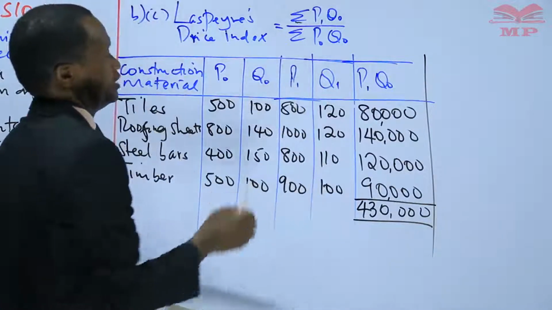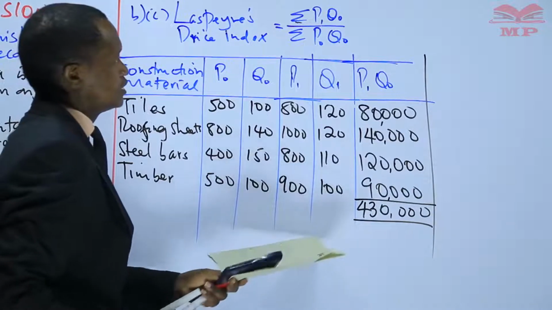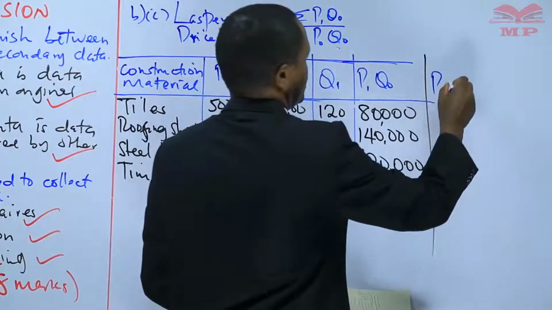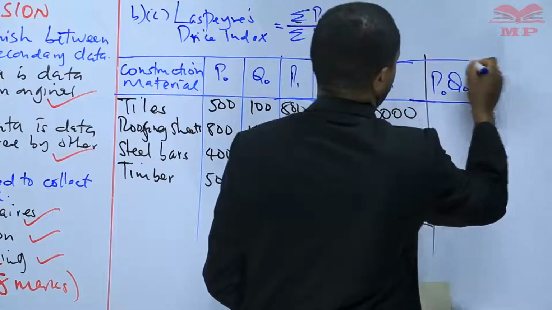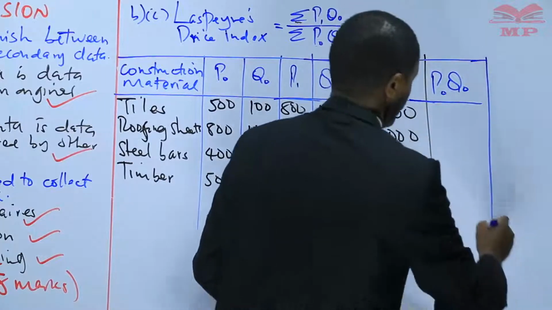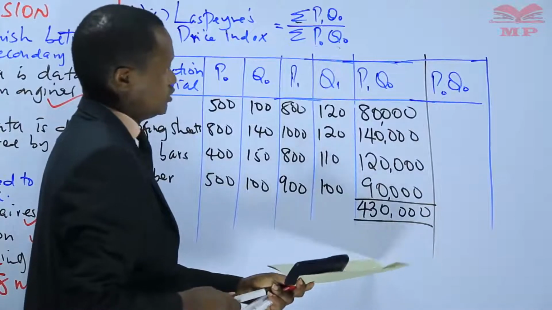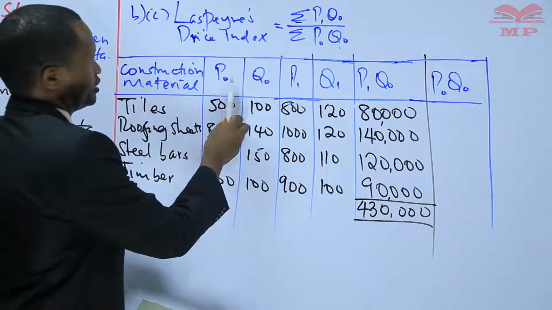Then we will have another column for P0 Q0.